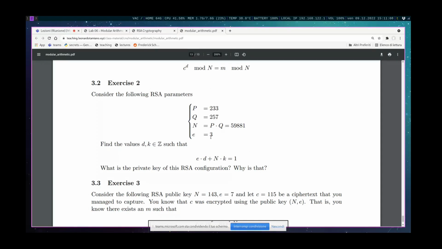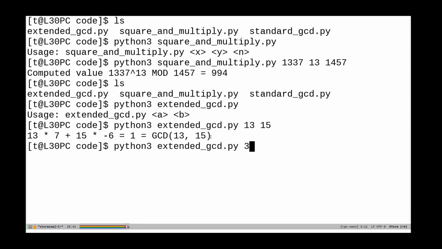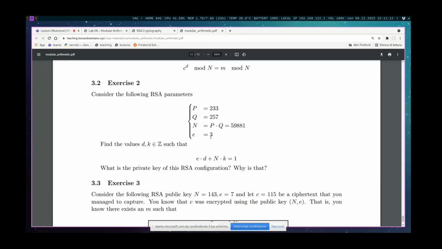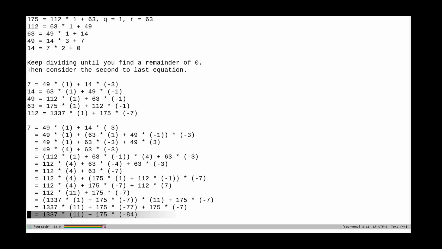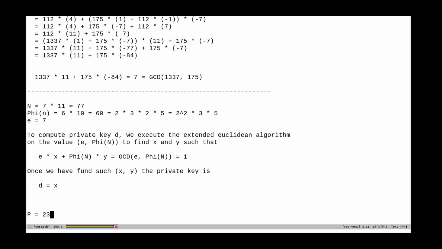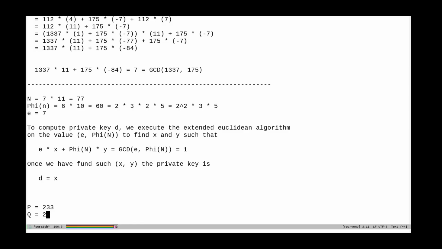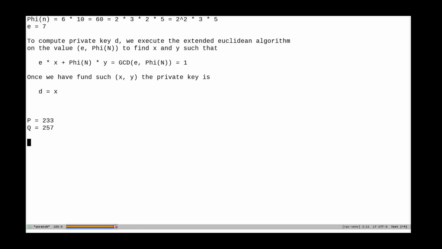So e is 3, so here we have to put 3. Phi of n: n is p times q, where p is 2333 and q is equal to 275. It means that phi of n is equal to p minus 1 times q minus 1, 232 times 276.